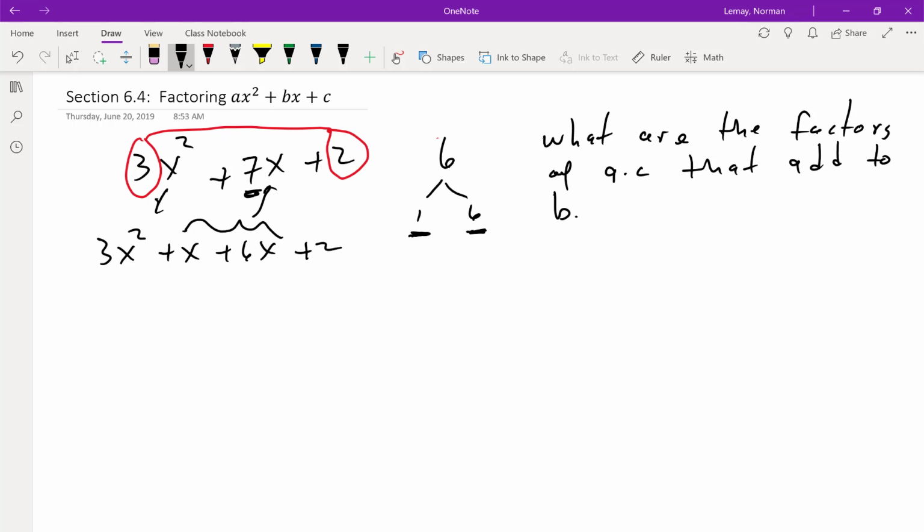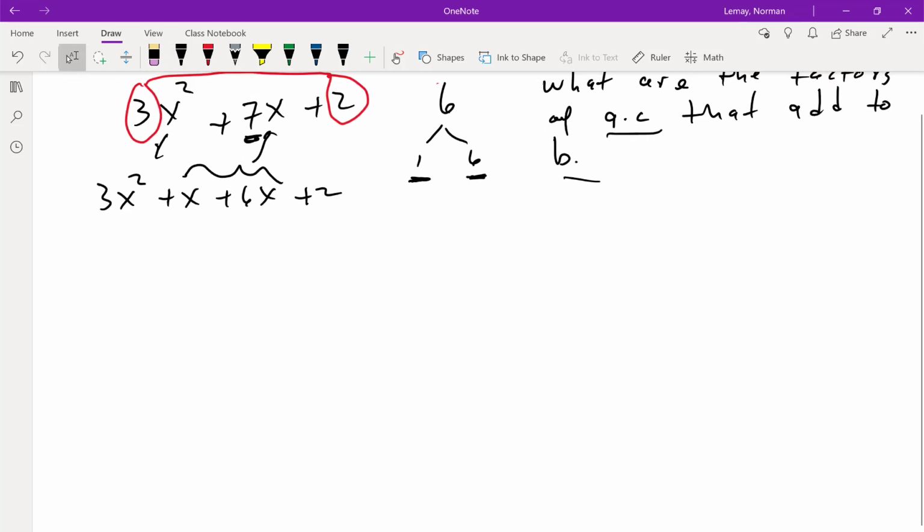Okay, so this is the trick. The trick is multiplying A times C and then finding those factors that add up to B. And then step 2, rewrite the middle term in terms of these two factors.